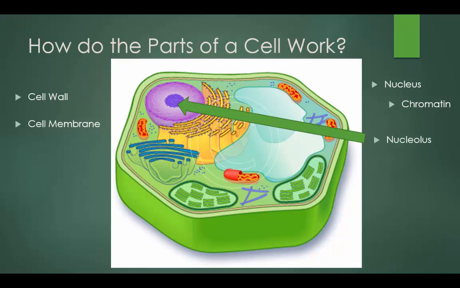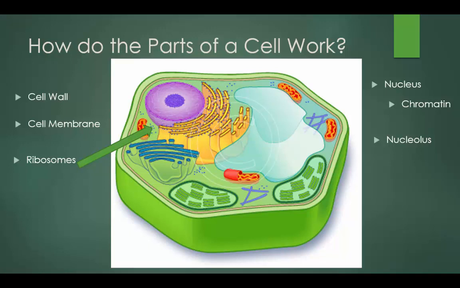Here we can see the nucleolus. So notice the small round structure in the nucleus. This structure is called the nucleolus. It's where ribosomes are made.